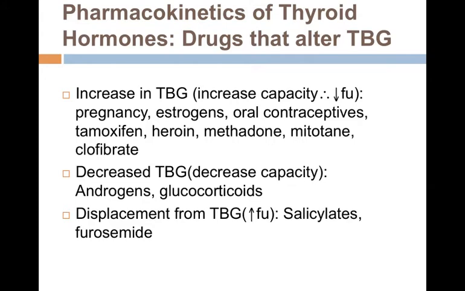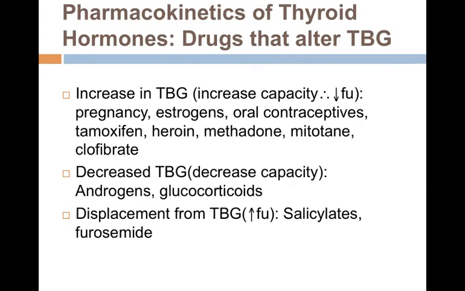Things that would do the opposite, decrease the amount of thyroid binding globulin around, so estrogens increase and androgens and glucocorticoids decrease the amount of thyroid binding globulin around. The pregnancy thing might be a reason why we have to give more thyroid to patients that are pregnant.